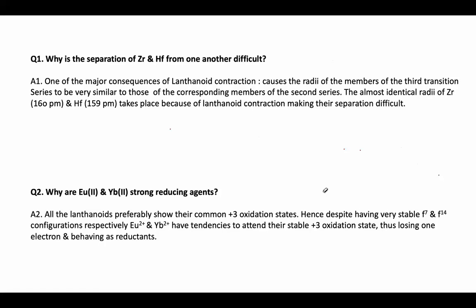Now the next question arises: why are Eu3+ and Yb2+, europium and ytterbium, both very strong reducing agents? This is the chemistry of the oxidation states of the lanthanides. In the case of lanthanides, the most common oxidation state is +3. In the case of lanthanum, the +2 oxidation state is found.